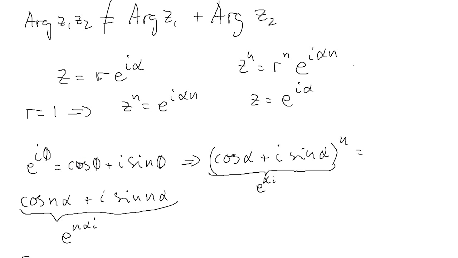So noting that the exponential function of i multiplied with some general angle is equal to cosine plus i sine, then we obtain by using the above formula, because this is just cosine plus i sine to the power of n, that this must be equal to cosine nα plus i sine nα.